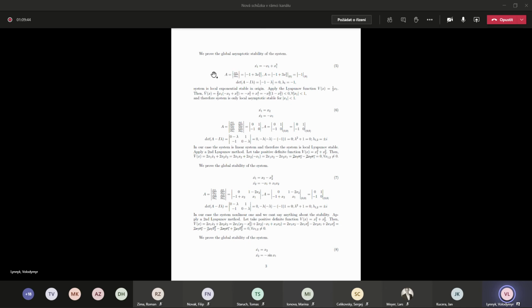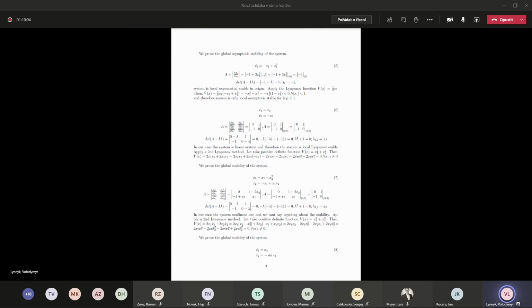Now we only apply the indirect Lyapunov method, and it works only if, okay, if the real part is negative, then this system is locally stable.